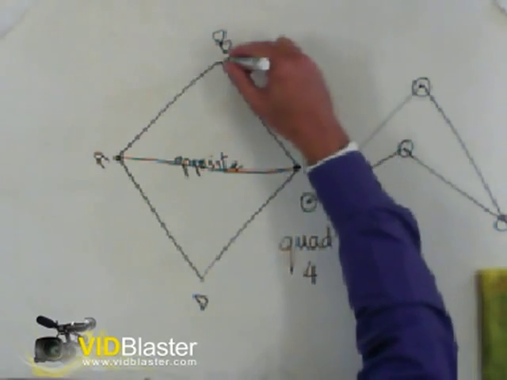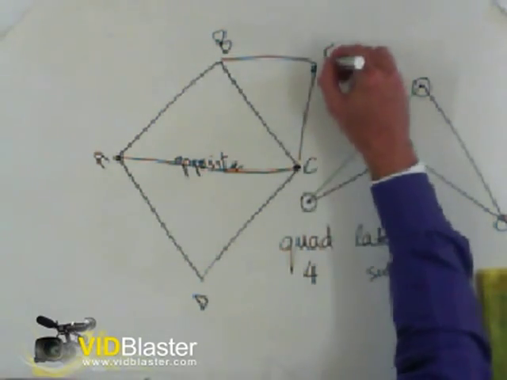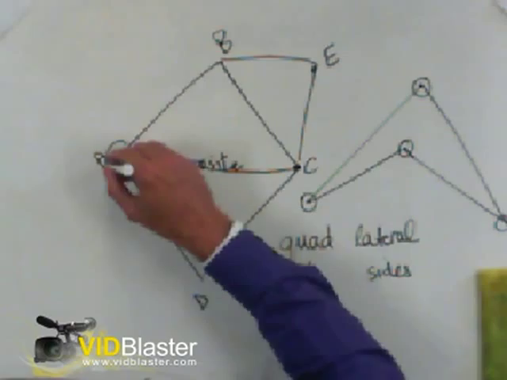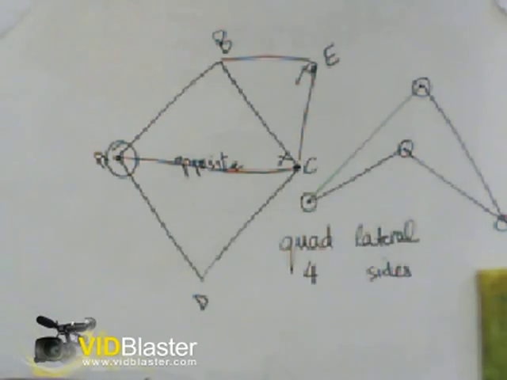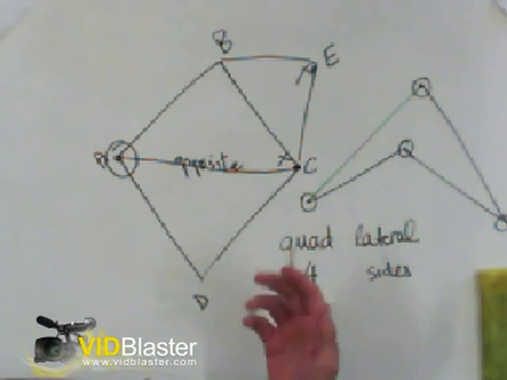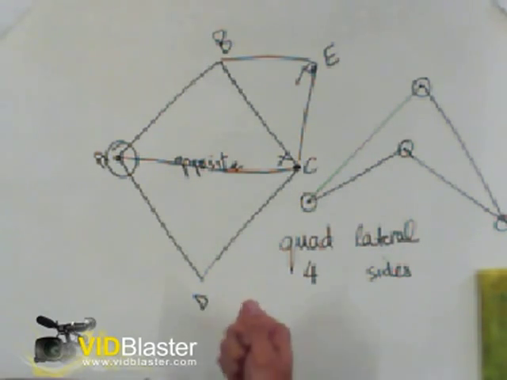If I put another vertex in here quickly, and let's just call it E, there's this vertex, but opposite to it, there are 2 other vertices. So does it then make sense to define a diagonal as a line joining the opposite angles of a quadrilateral? Yes, it does. But we cannot define the diagonal like that.